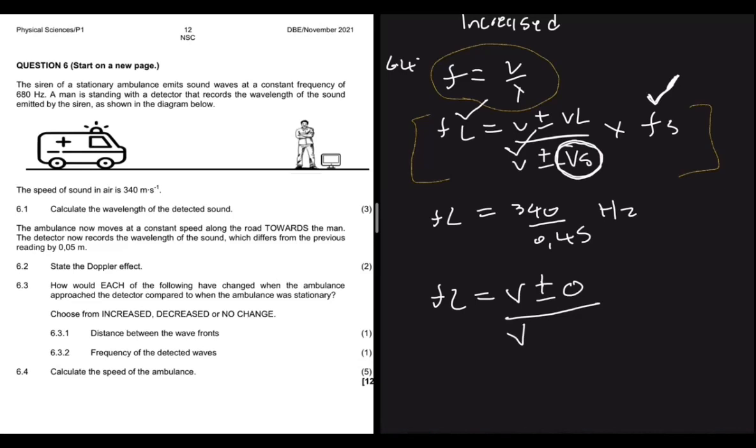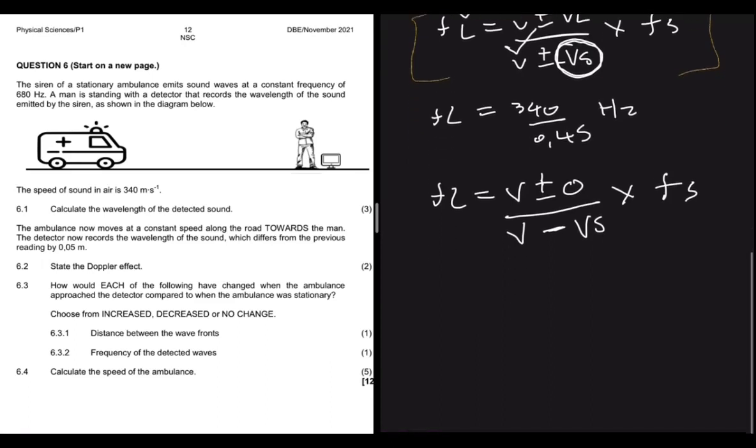When the source is moving towards, we get a minus in the denominator. So we're going to get minus the velocity of the source multiplied by the frequency emitted by the source. If you don't know how this formula comes about and why I'm choosing minus on the denominator, then watch my introductory video that I'm going to link on the top left corner.